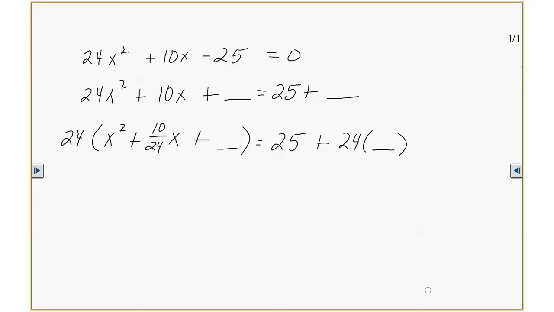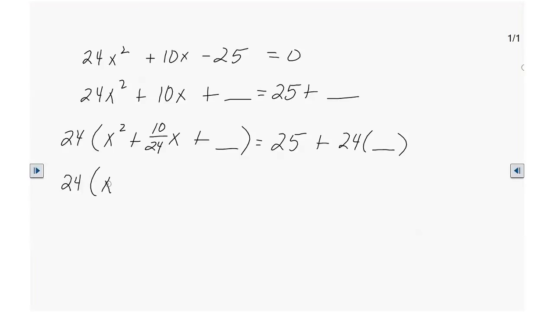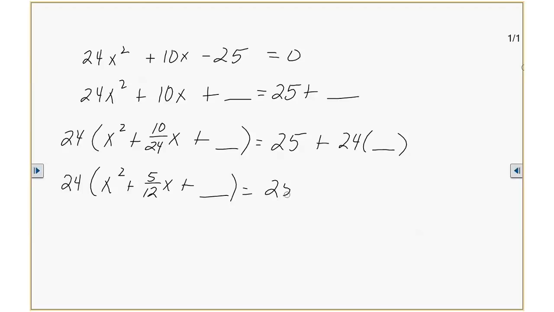Now you can reduce this if you want to. Doesn't matter to me. It's up to you. What would that be? 5/12, something like that. So 24 times x squared plus 5/12 x plus blank is equal to 25 plus 24 times blank. Now what do we do?